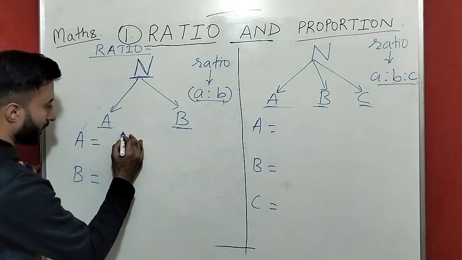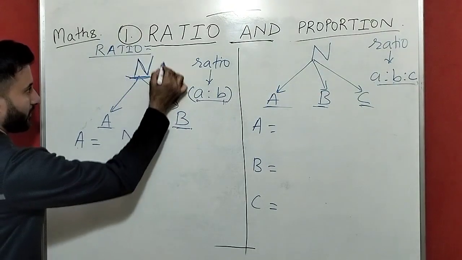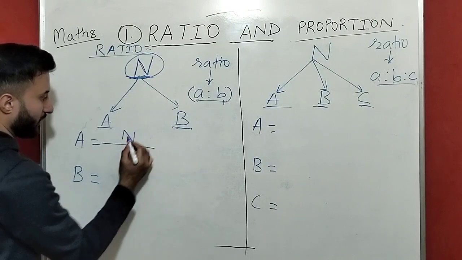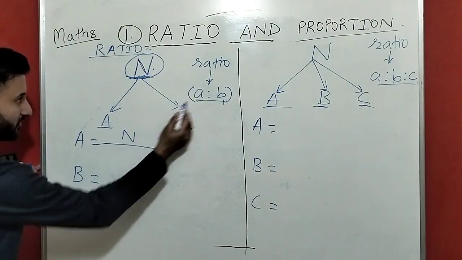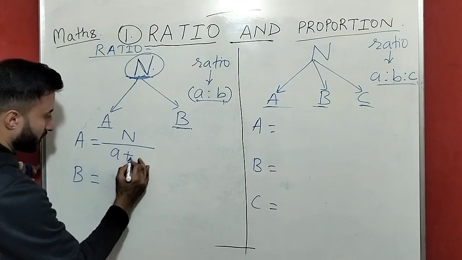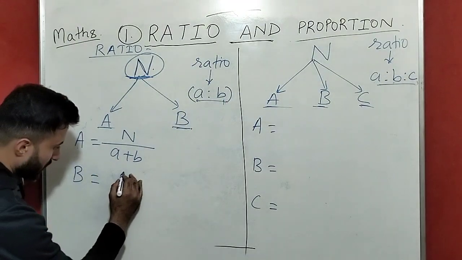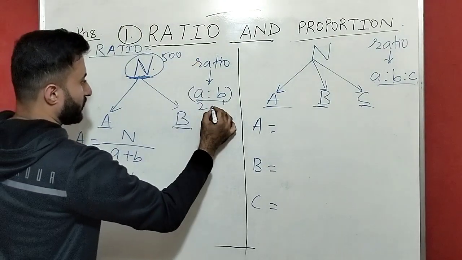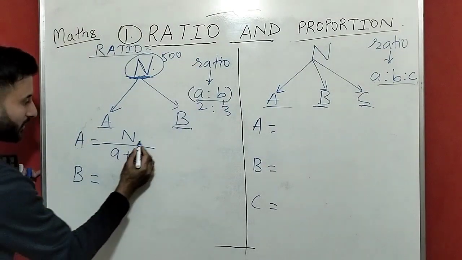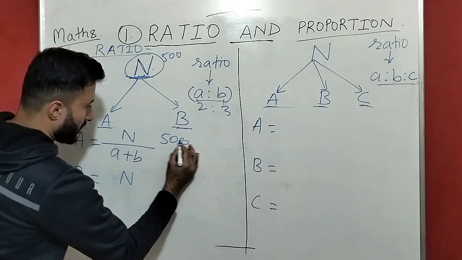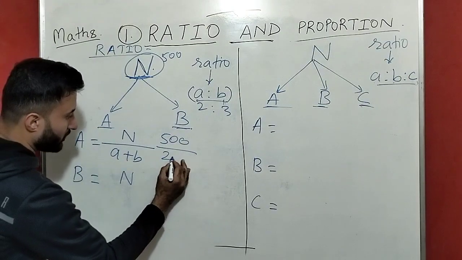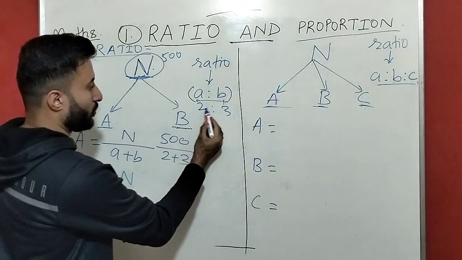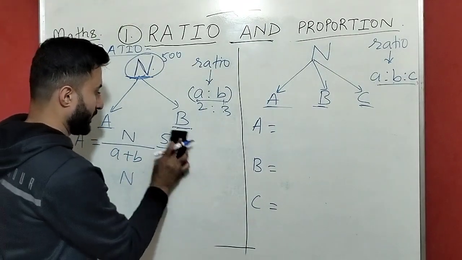For finding part A, the number, say 500, is divided by the sum of ratios. As I have told you, suppose the number is 500 and the ratio is 2 is to 3. Then the number 500 is divided by the sum of the ratio, that means 2 plus 3.